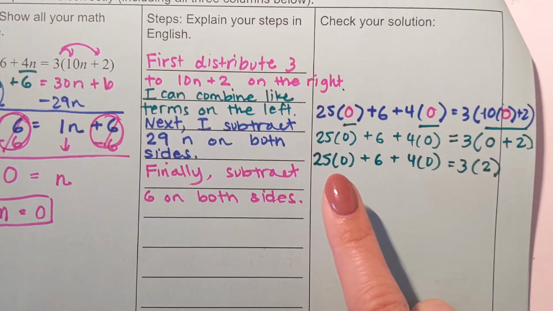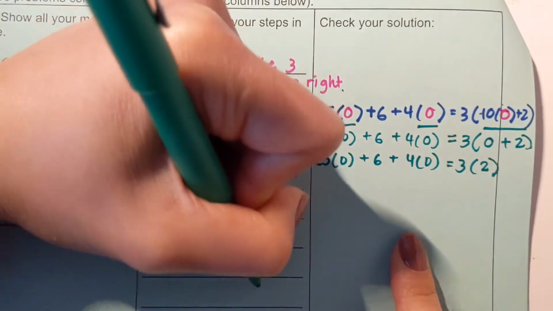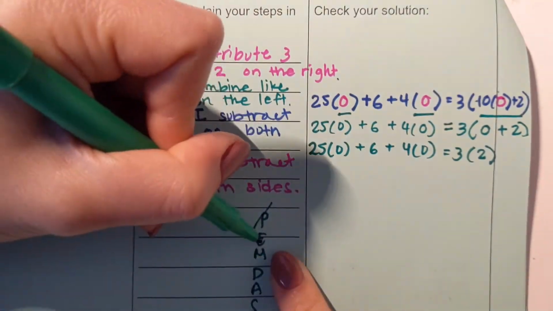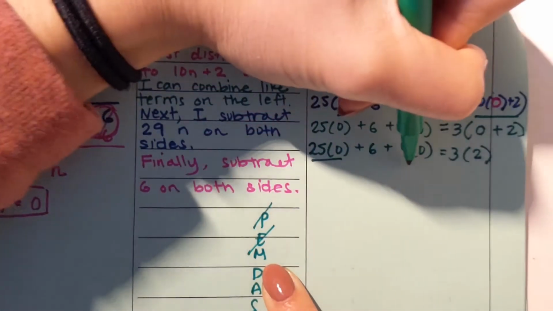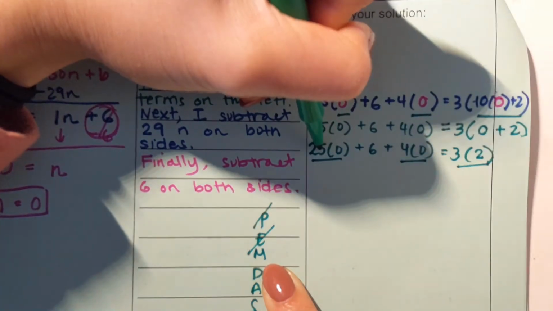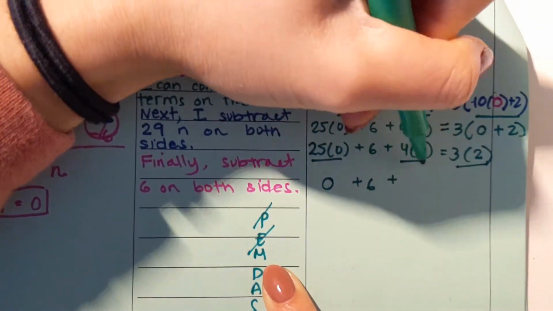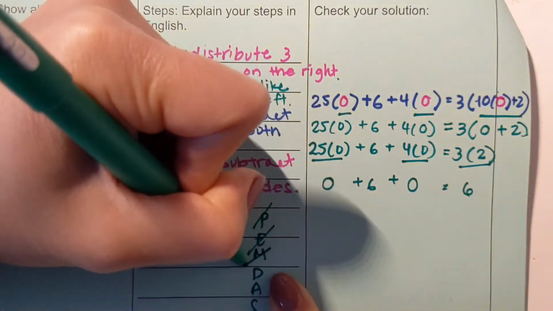So all parentheses that we have are simplified as much as possible now. When I think PEMDAS, I've already done all the parentheses. There are no exponents. The next thing is multiplication. So that's these guys. 25 times 0 is 0. 4 times 0 is 0. 3 times 2 is 6.